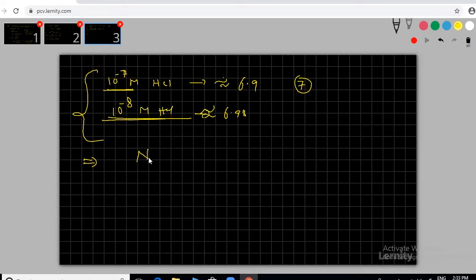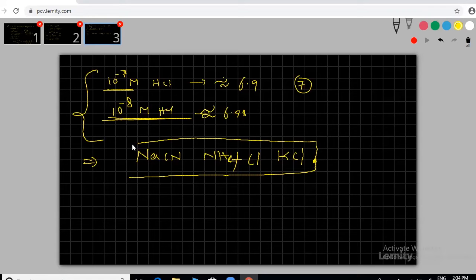So find here NaCN, NH4Cl, KCl. Arrange these three in pH order: which has highest pH, which one has lowest pH, what is that order? pH increasing order or decreasing order, any one order you can write.